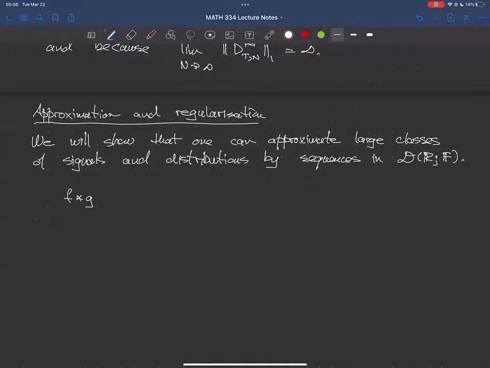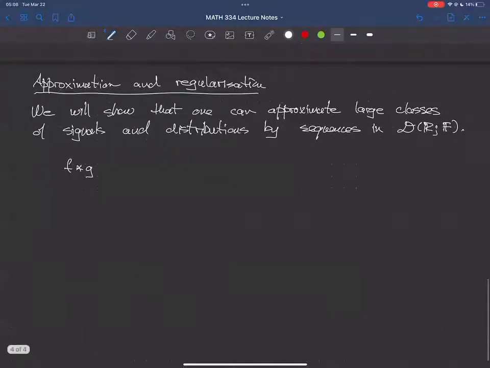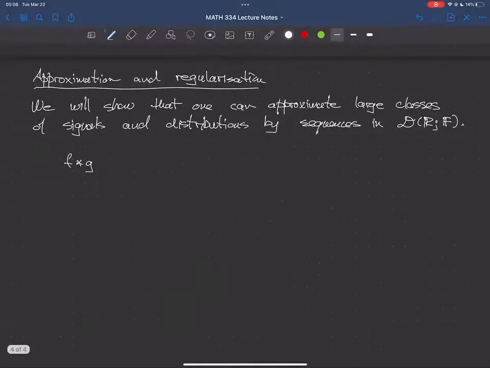Convolution is commutative, so it doesn't matter if it's f or g. So I'm going to state first a general sort of condition along those lines.